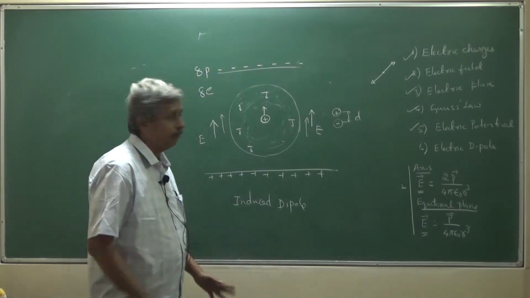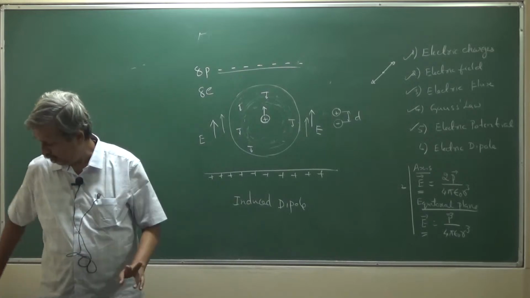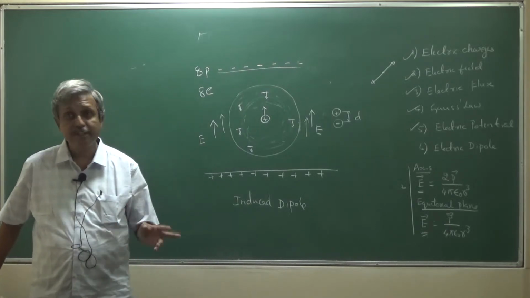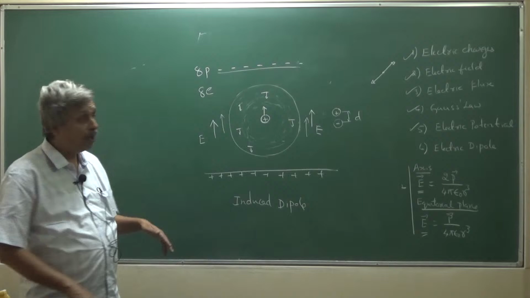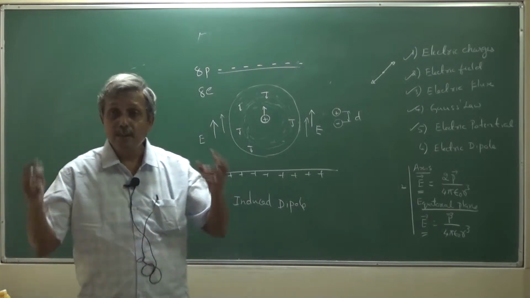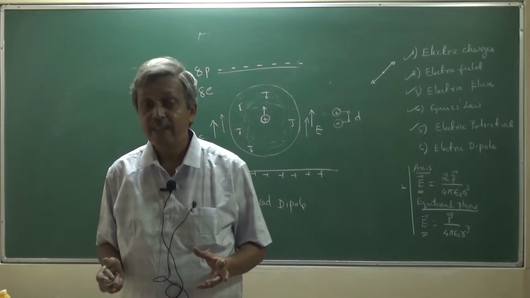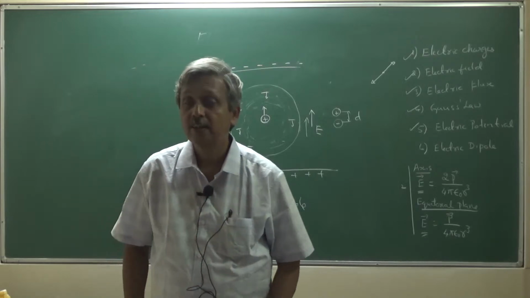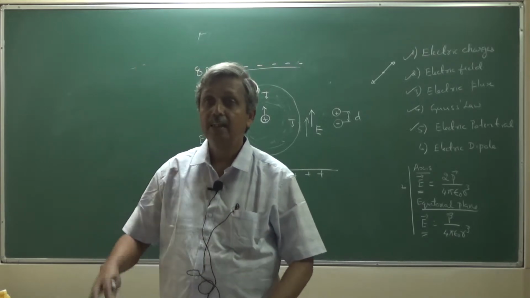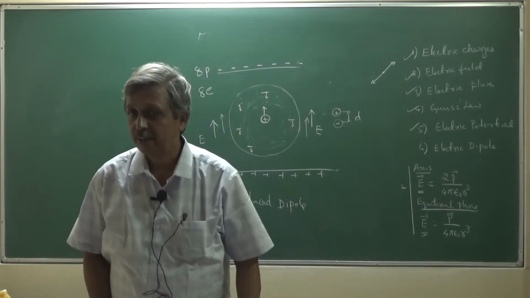Now, why do we measure the dipole moment and the electric field? We want to understand how molecules interact and how they behave with respect to each other. For example, why is water a liquid, and why is it not steam at room temperature?